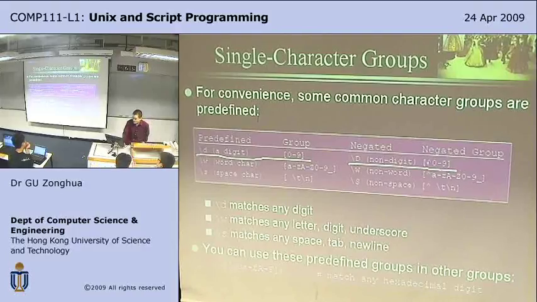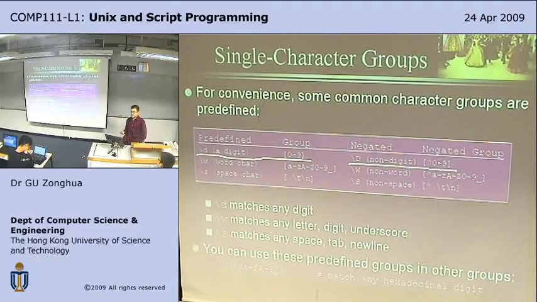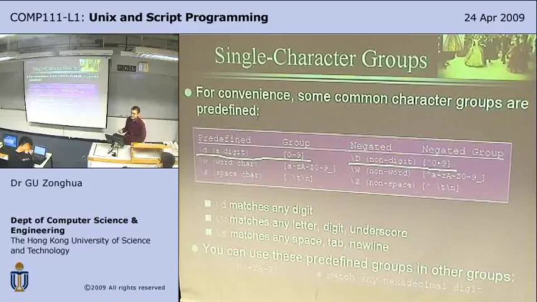Here, the hat within the square brackets indicates not a digit. Well, the hat outside the square brackets indicates the beginning of the line, so it has different meanings depending on the context.